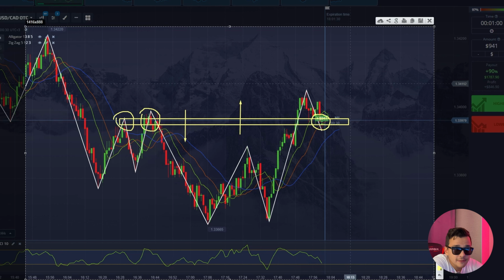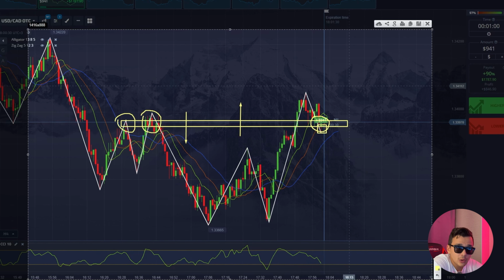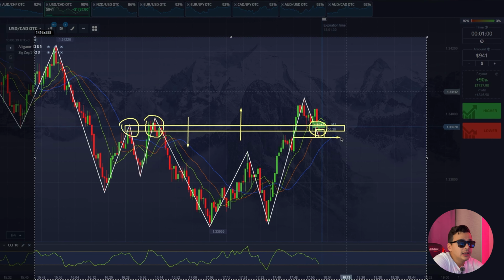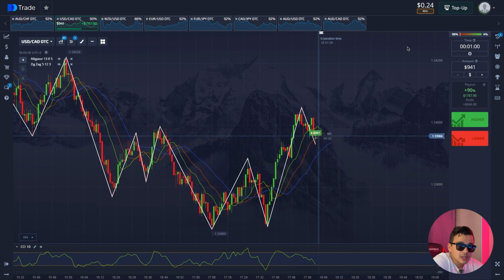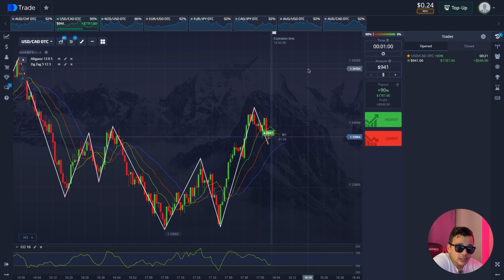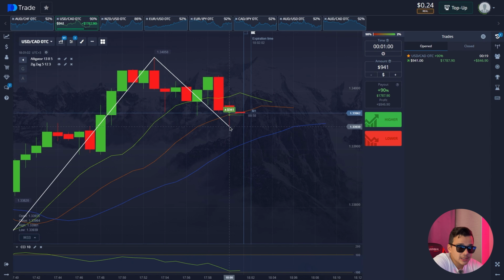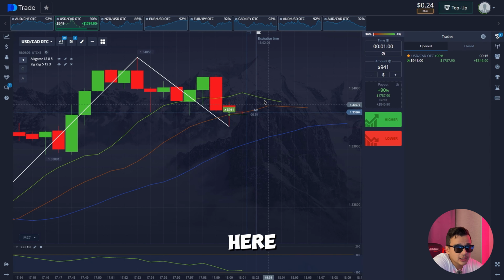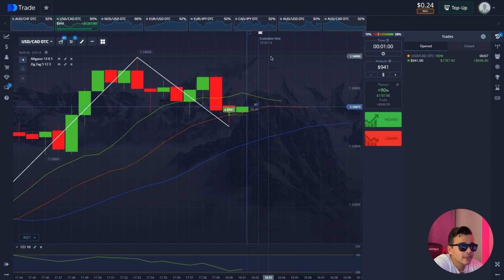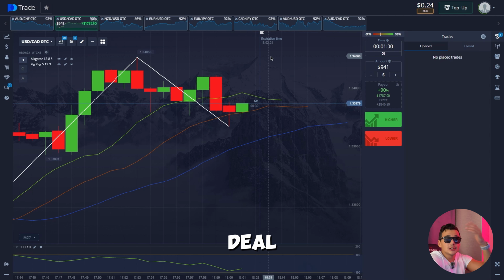Also here we had the formation of a new local minimum. The moving alligator slides are also directed upwards, so the opening of the deal here is on the upside. Even not quite a successful entry we also had here. We could have opened much better. And let's look at the result of the deal. And also the deal closes in plus.